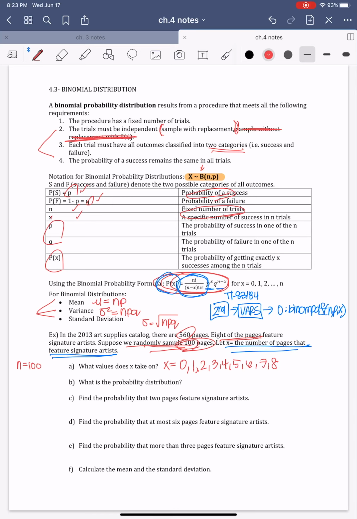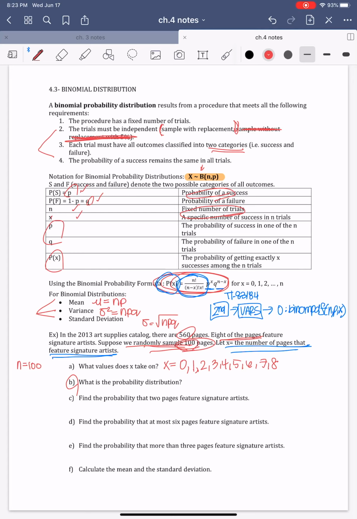What is the probability distribution? Now this question is asking what type of probability distribution function it is, and then to write down the notation. Right now you just have two things to consider. It's either going to be a probability distribution or a binomial distribution. How do you know which one is which? You look at either the 2 characteristics or the 4 characteristics.